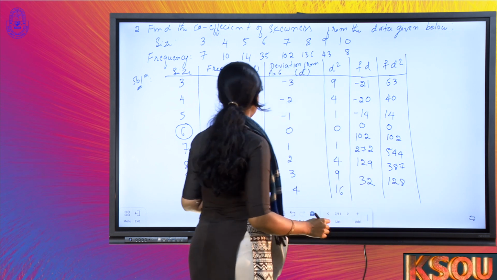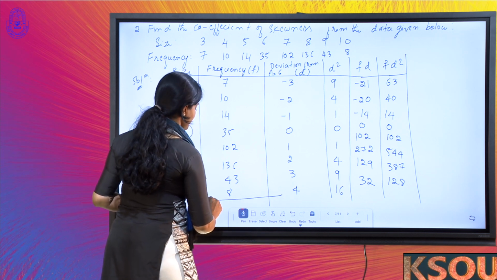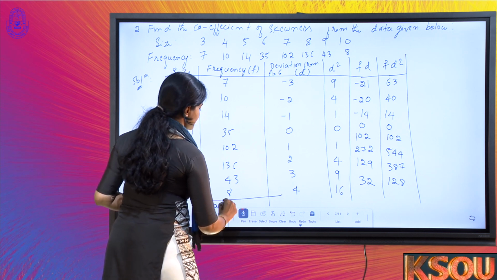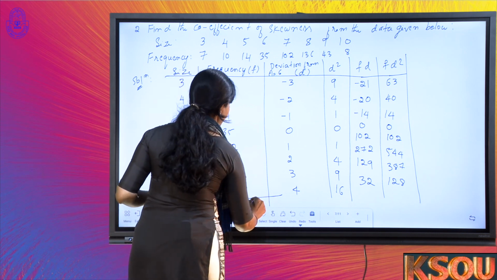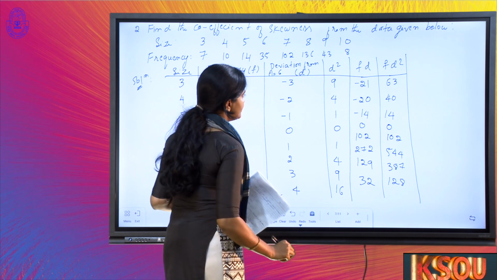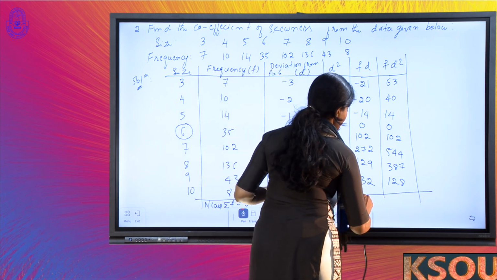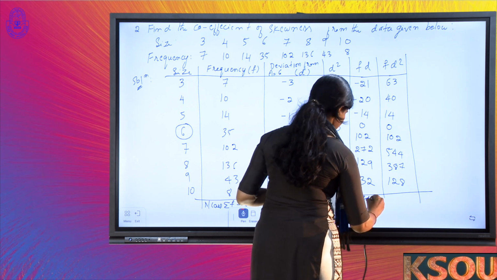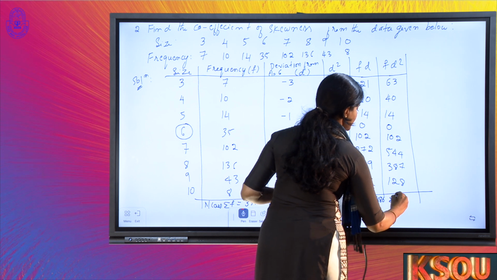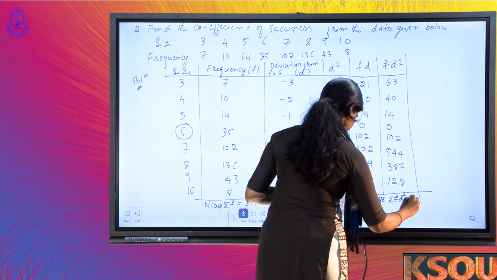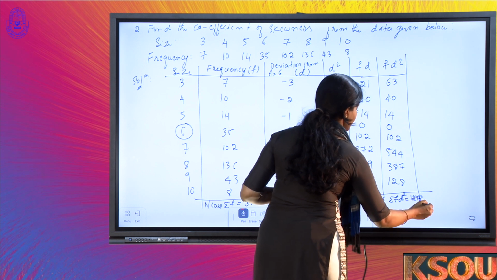Now we will have to take the total of the frequency, that is capital N or summation f, 355. At the same time you will have to calculate the value of summation fd, that is 480, and summation fd square is 1278.